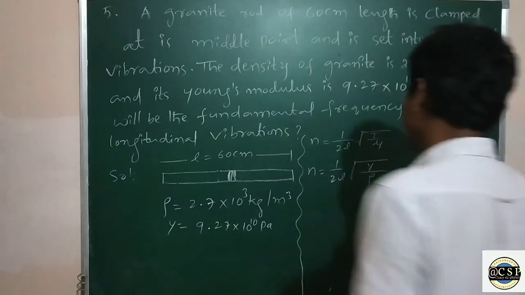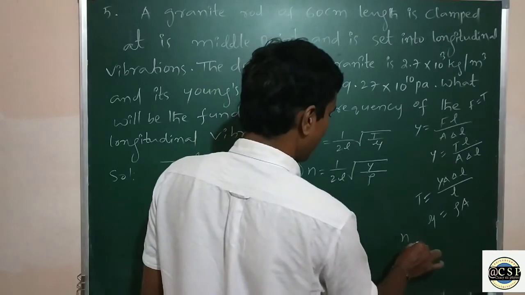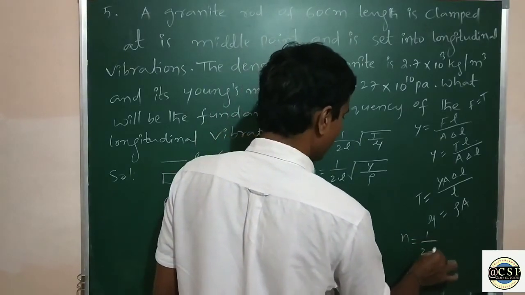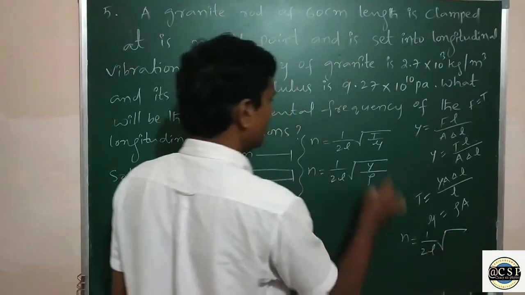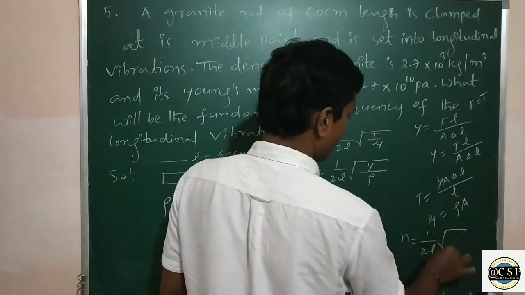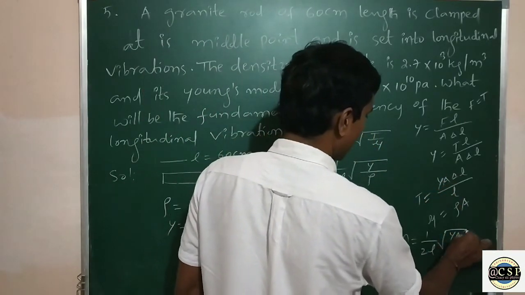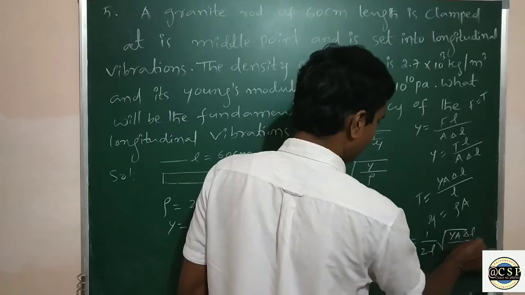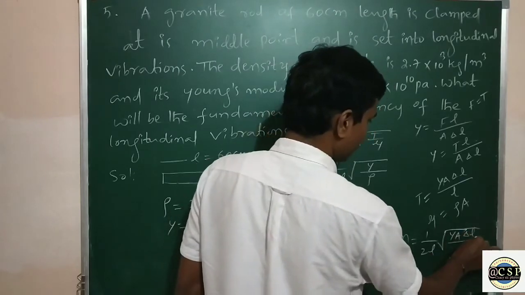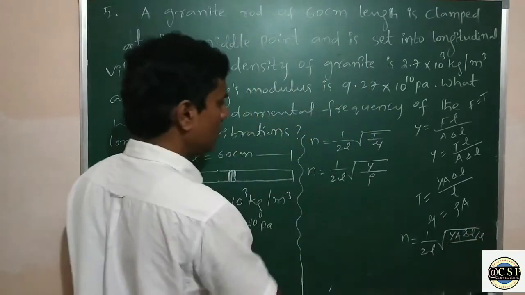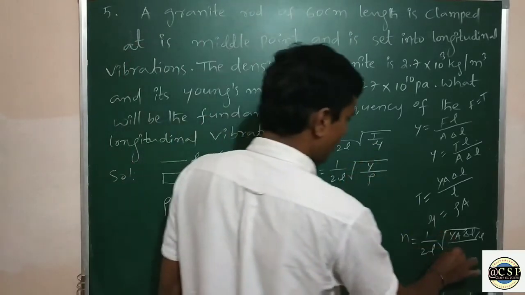So what formula will come? n is equal to 1 by 2L and a root T, T is nothing but YA delta L by L, and mu is rho A.